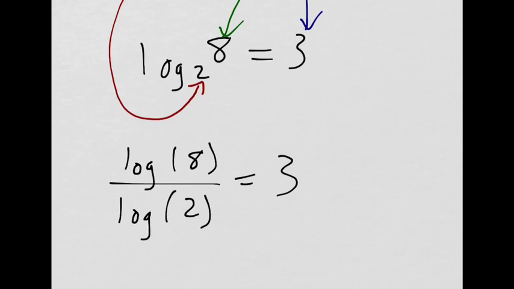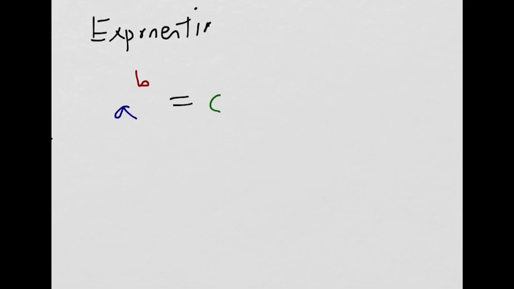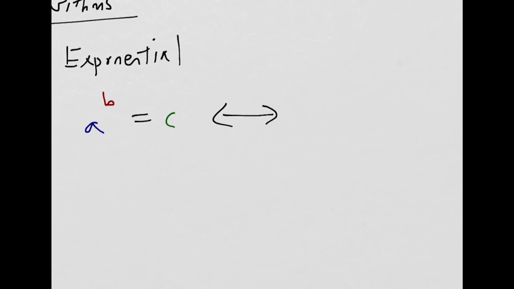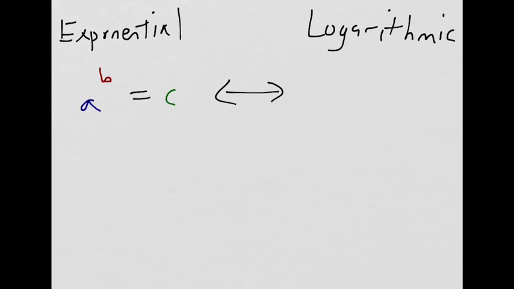In general, we can take anything in exponential form, namely a to the power of b equals c, and we can turn it into logarithmic form by taking the base of the exponent and making that the base of the logarithm.